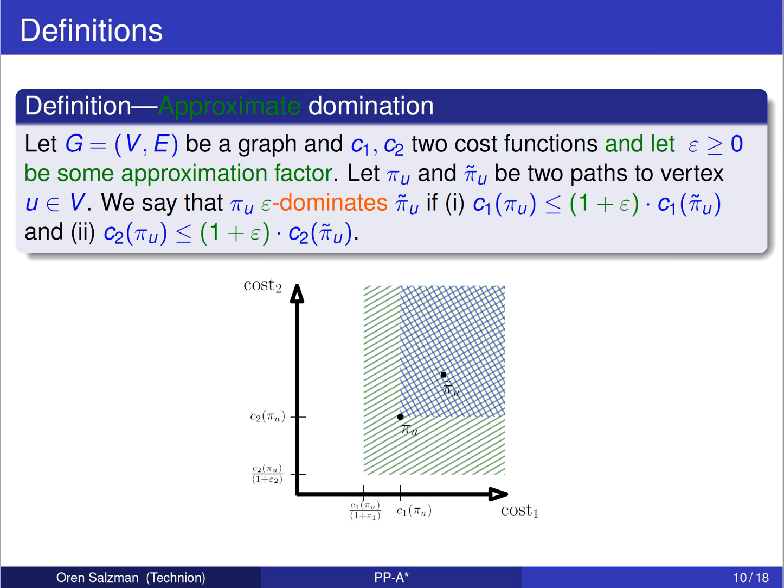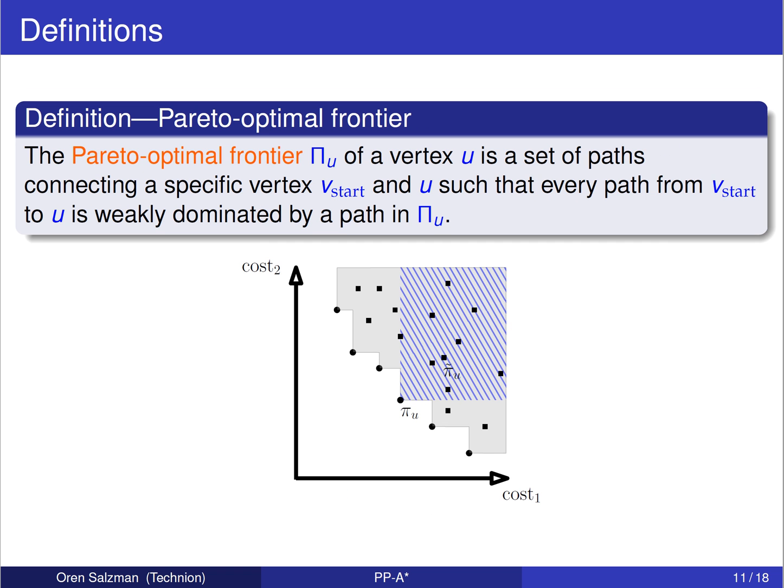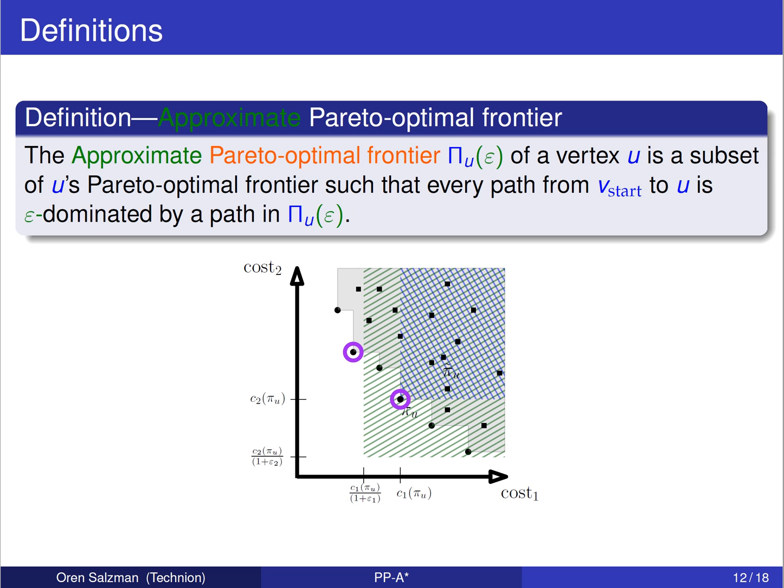Just as we relaxed dominance to approximate dominance, we can relax the notion of Pareto-optimal frontier to approximate Pareto-optimal frontier. The approximate Pareto-optimal frontier is a subset of the Pareto-optimal frontier, such that every path to that specific node is epsilon dominated by a path in the approximate Pareto-optimal frontier.